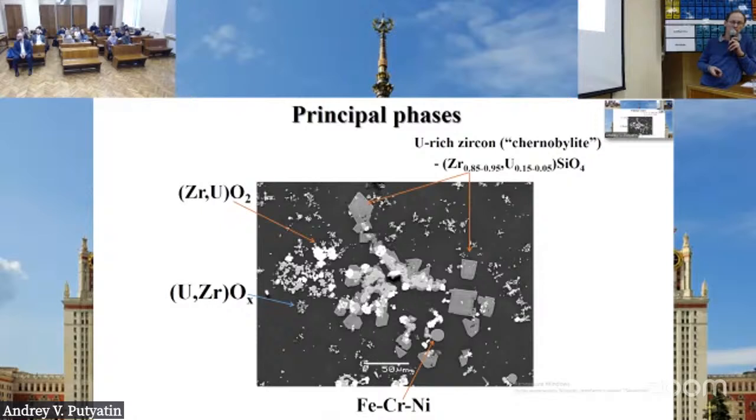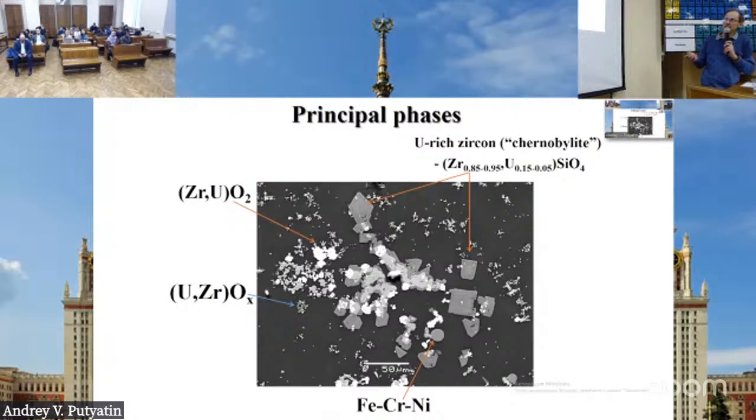What are these inclusions? So first we have, of course, fuel. Basically uranium dioxide fuel, which always contains some pieces of zirconium. So this is kind of a spent nuclear fuel which has interacted with cladding.